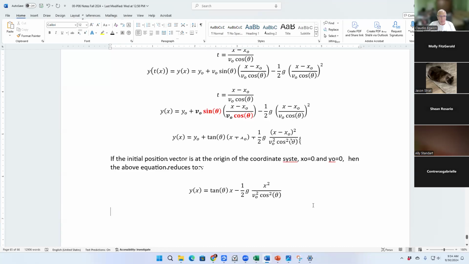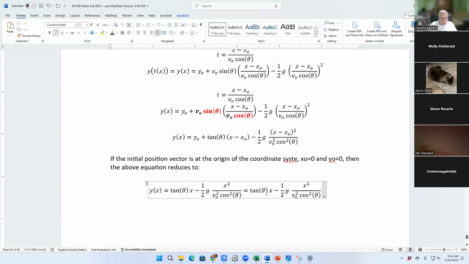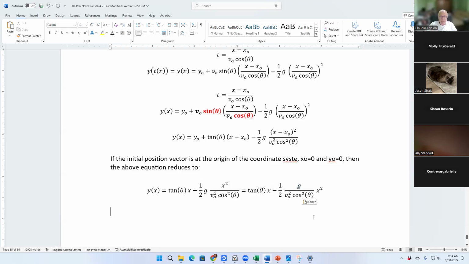And that's the path of the projectile. I'm going to elaborate a little bit more. And don't forget, this is the initial launch angle of the projectile. I'm going to take this x squared from here to put it in a more familiar fashion for you, and I'm going to put the g upstairs.